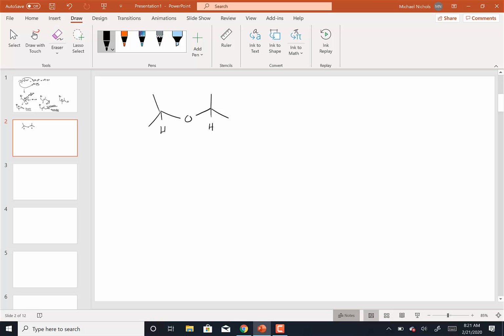So that's the peroxide formation by reacting the O2 with the ether. That's the only free radical mechanism that we have for this exam.